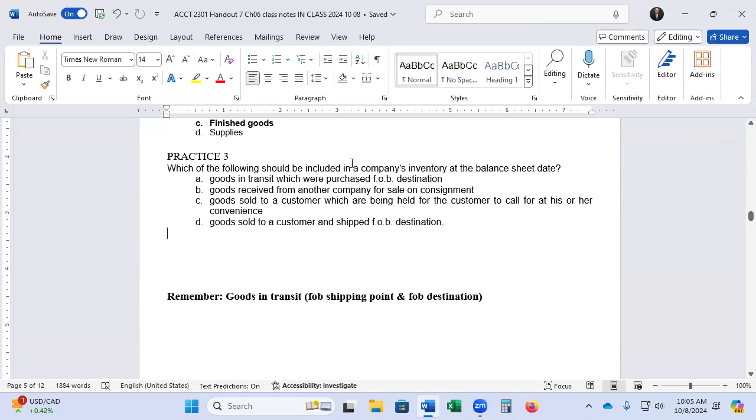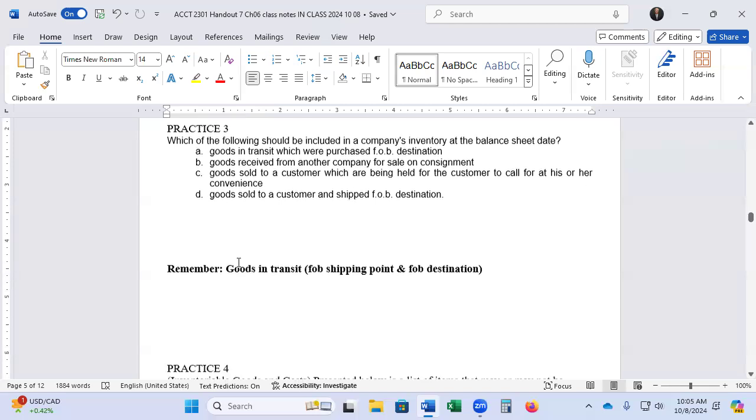It says which of the following should be included in a company's inventory at the balance sheet date? So just a quick reminder, goods in transit, FOB shipping point.